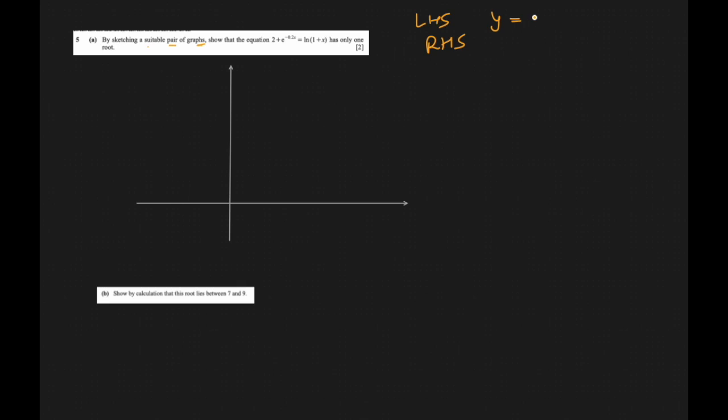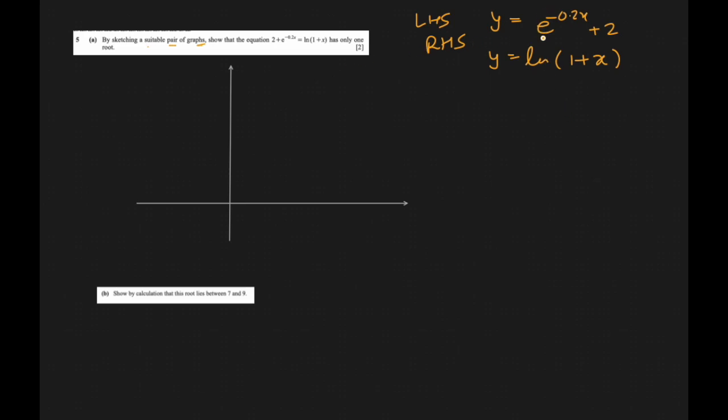So this is y equal to 2 plus, let me write it this way, e to the power minus 0.2x plus 2. Second one, the right hand side will become y equal to natural log of 1 plus x. All right. So I'm using the logic. You can use algebra. How to use algebra, I'll tell you later. First, let me use logic.